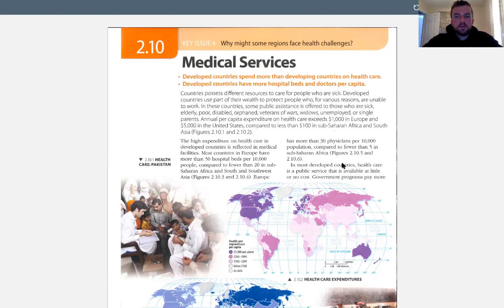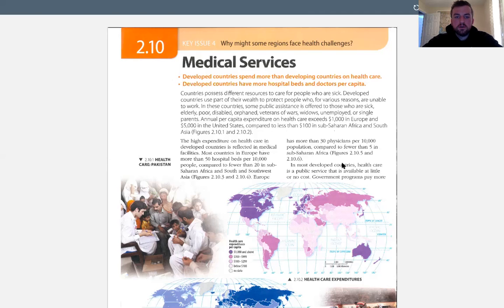Annual per capita expenditure on healthcare exceeds $1,000 in Europe and $5,000 in the United States, compared to less than $100 in sub-Saharan Africa and South Asia. The high expenditure on healthcare in developed countries is reflected in medical facilities.